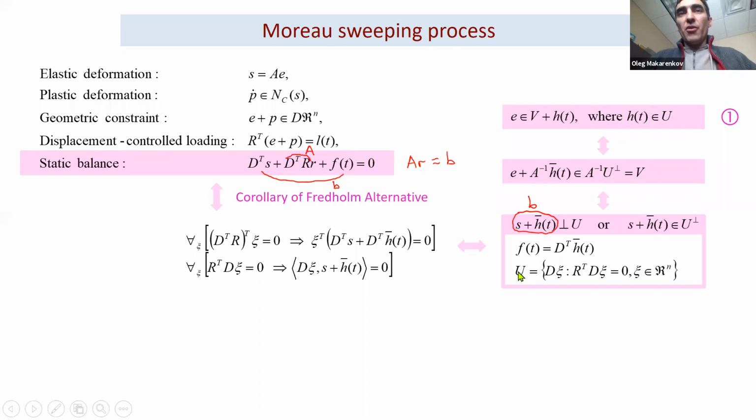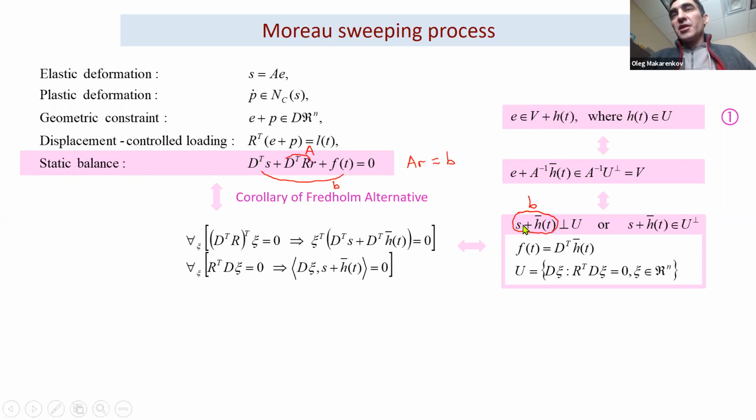That's the main point. We get a subspace U such that this part of the static balance is perpendicular to that subspace U. Therefore, what does perpendicular mean?